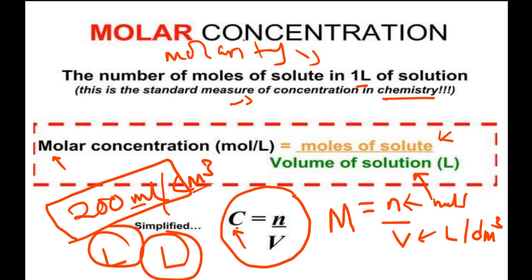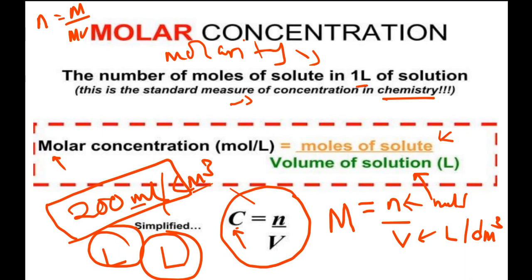Alright, so from this formula we can get another formula for finding moles. Remember the one that we've been using: moles is equal to mass over molar mass. You remember this formula, right? So here, when we're dealing with molar concentration, we're given an opportunity to work with another formula for finding moles.